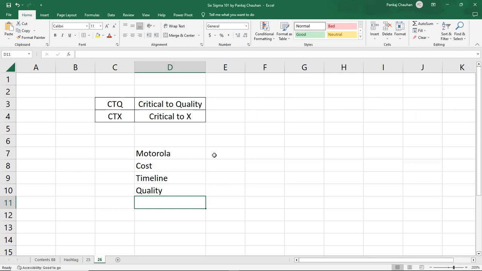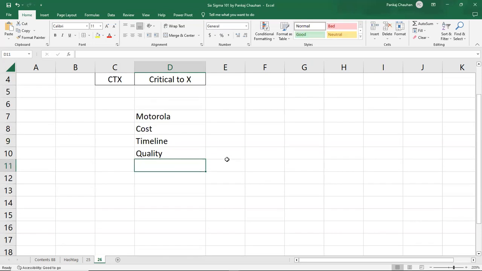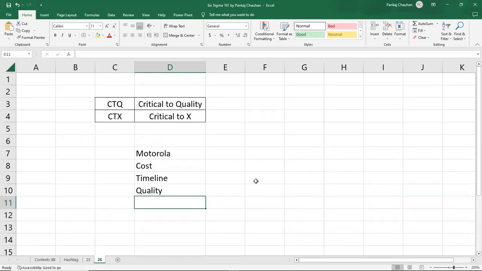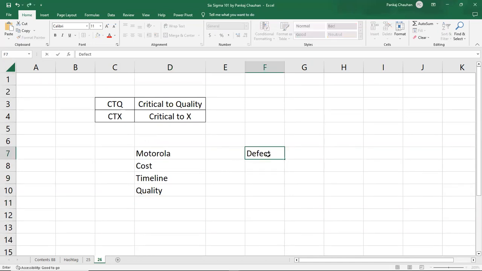Later, Motorola realized, and even GE added a lot into this, that not only these three metrics but so many metrics are being followed. Like if they are working on defect reduction, this can be called CTD. If they are working on TAT reduction, that can be called CTT. Let's say timeline reduction, CTT.